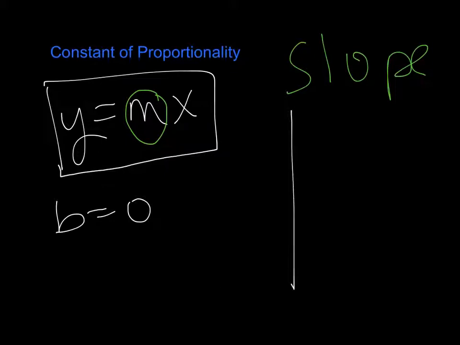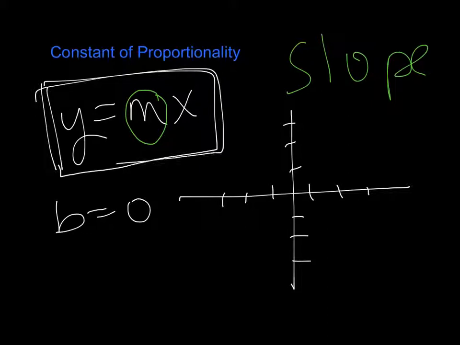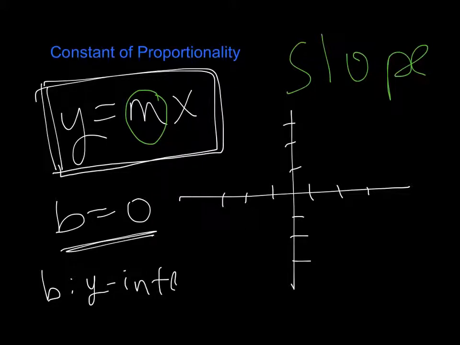Meaning, if you have a graph, every line in this form is going to go through which point on this graph, knowing that b equals 0? Well, again, b is the y-intercept, right, which is where the line crosses the y-axis.